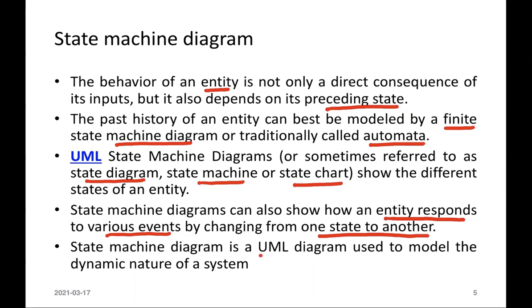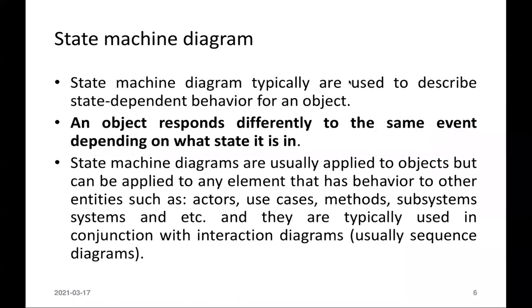The focus would be on UML diagrams that are widely used to model the dynamic nature of a system. So a state machine diagram is typically used to describe the state-dependent behavior of an object or an entity within the system.